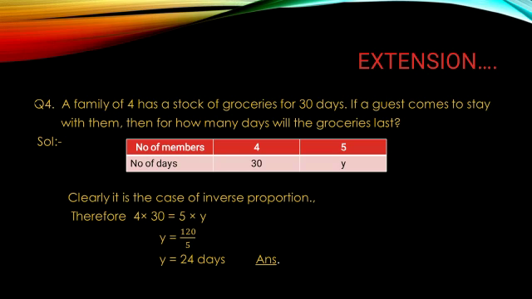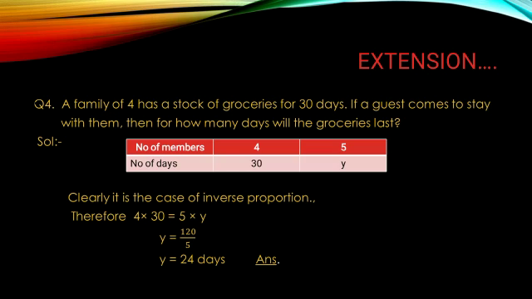First of all, check how many quantities there are. There are always two quantities. The first quantity is the number of members and the second quantity is the number of days. So we can make the table for that. On the top row, I have written the number of members, that is 4, then the number of days will be 30.